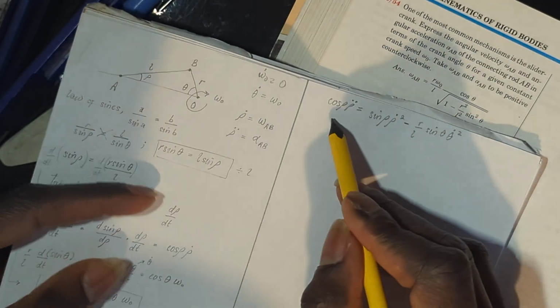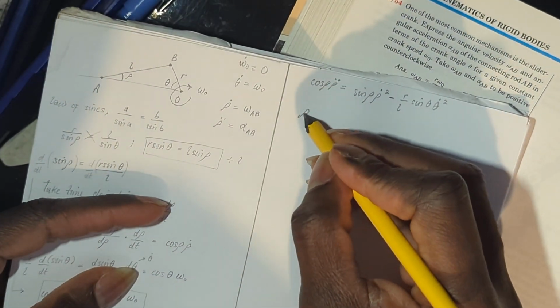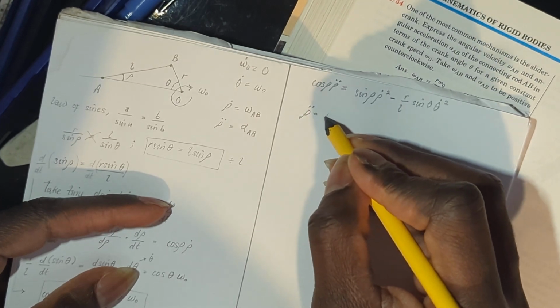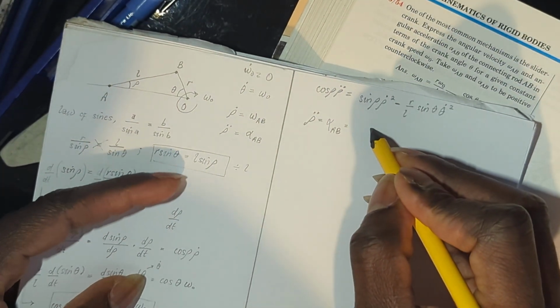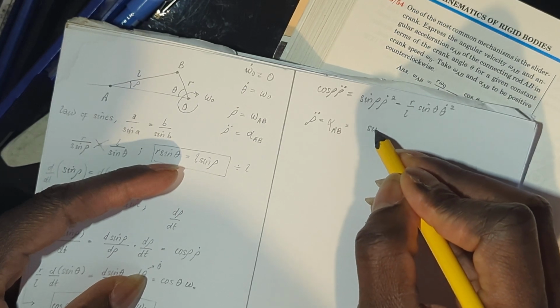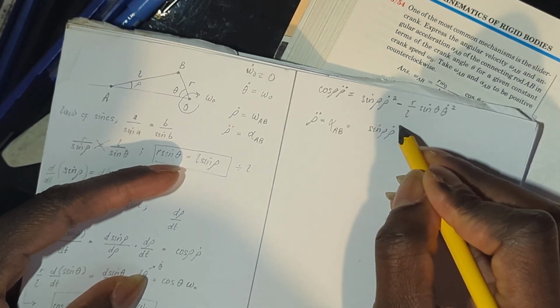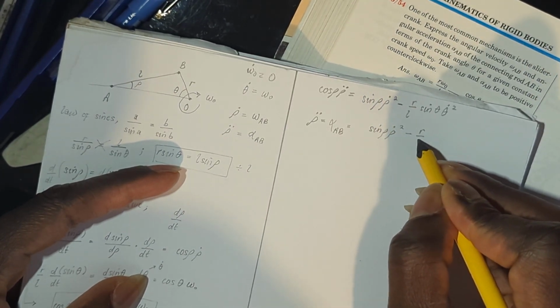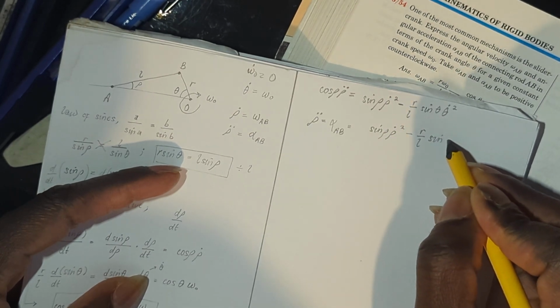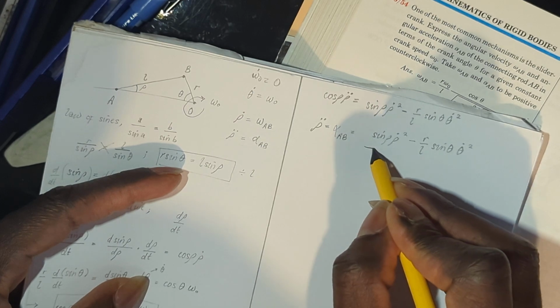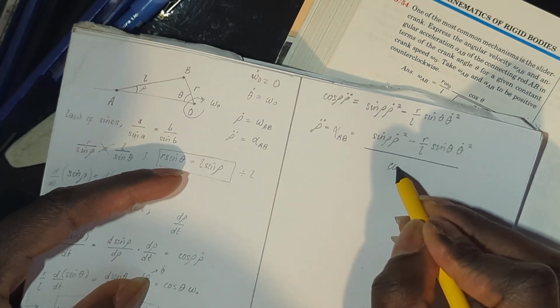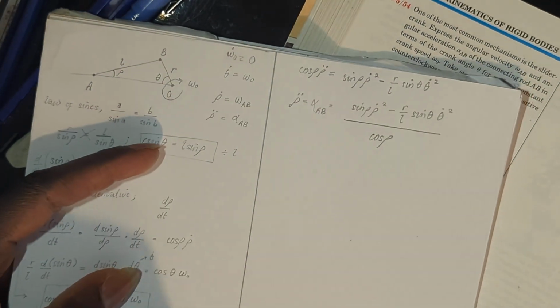And now I can move this over here. I have rho double dot, which is equal to AB, remember, is equal to sine rho dot squared minus r over L sine theta dot squared divided by cosine rho.